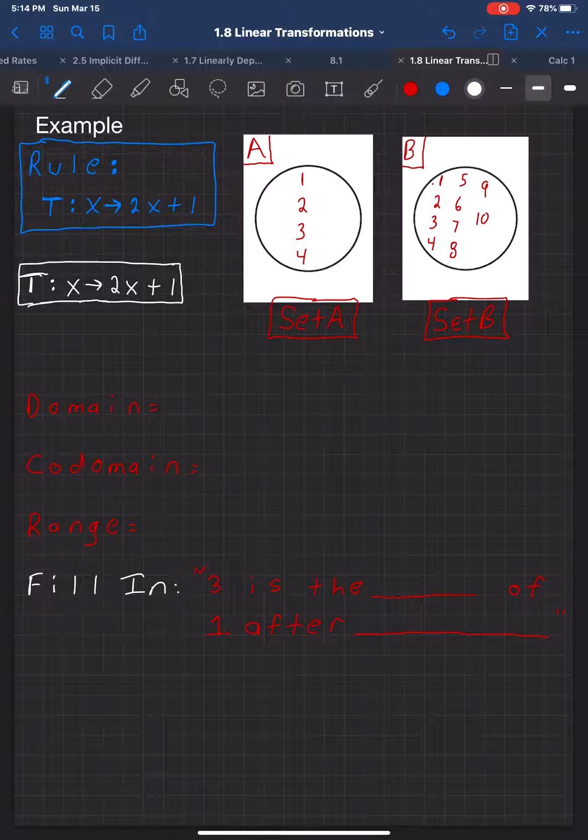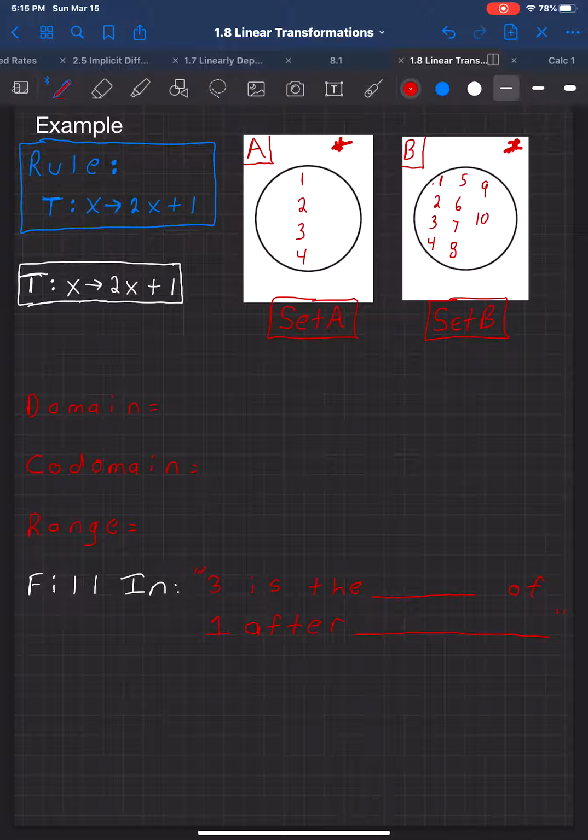Now, so in this case, for my drawings, let's start with set A. So the only numbers I'm looking at here, the only numbers that exist in this set are the numbers 1, 2, 3, 4. The only numbers that exist in set B are the numbers 1 through 10. Nothing else exists. With me? So no other numbers exist in either of those sets than what I've written.